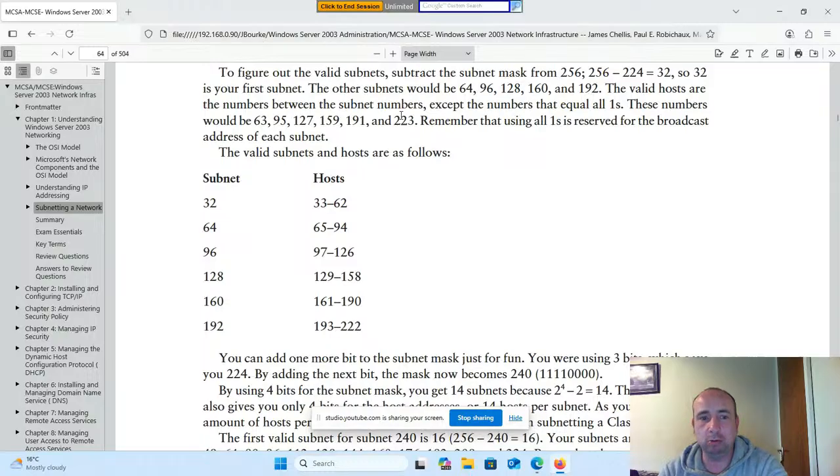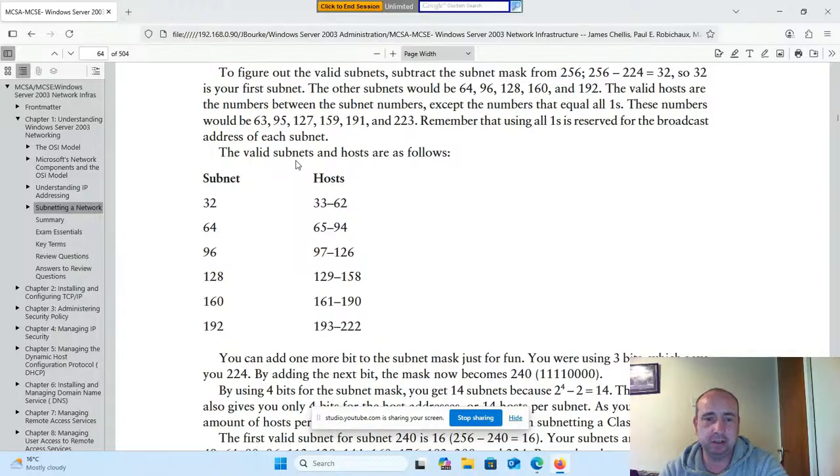The valid hosts are the numbers between the subnet numbers, except the numbers that equal all ones. These numbers will be 63, 95, 127, 159, 191, and 223. Remember that using all ones is reserved for the broadcast address of each subnet.